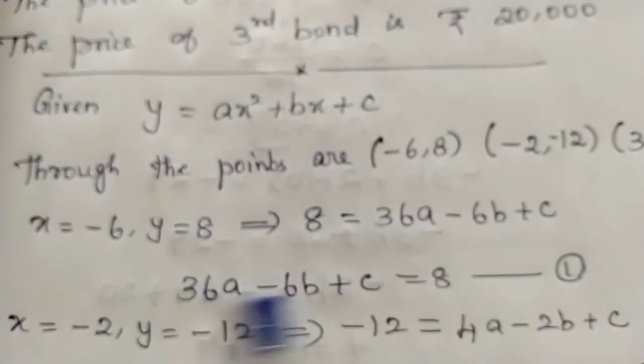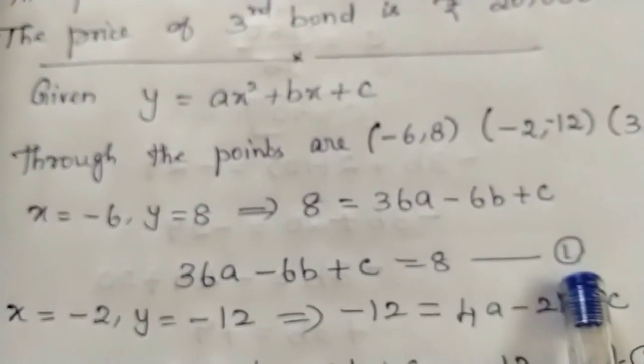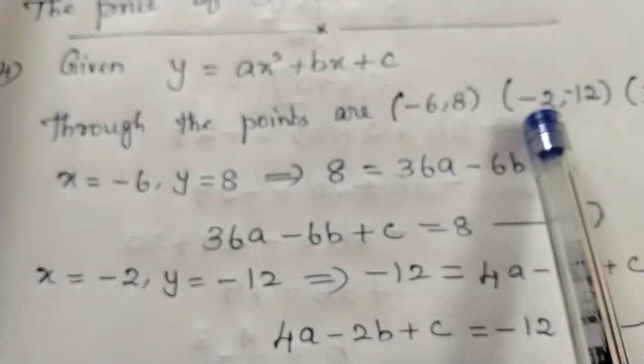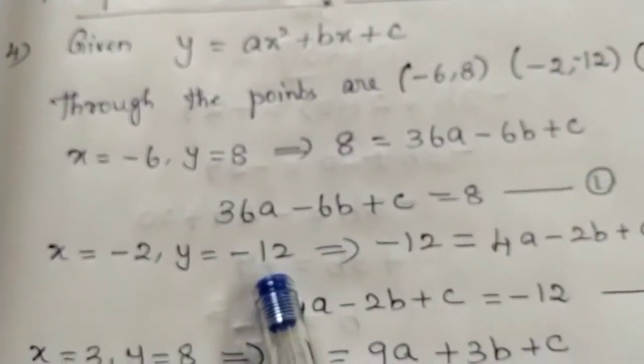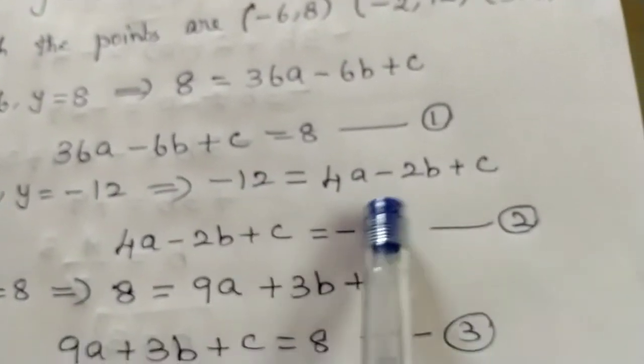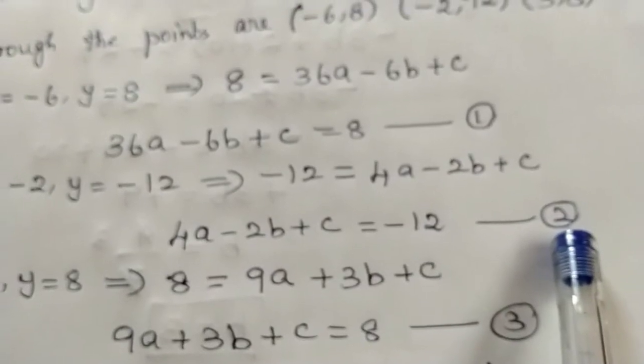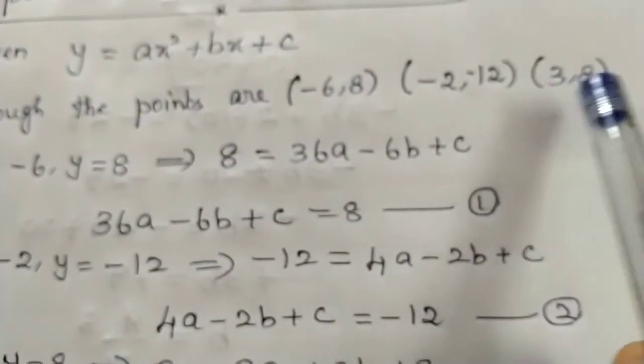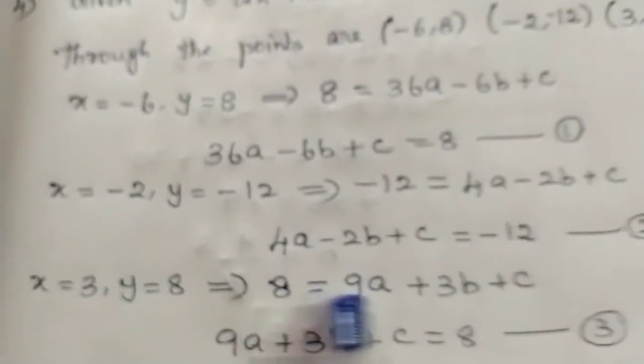Now arrange the equations. I will take this as equation number 1. And next x equal to minus 2, y equal to minus 12. Substitute in this equation, we get minus 12 equal to 4a minus 2b plus c. Arrange, equation number 2. And take x equal to 3, y equal to 8. Substitute, we get the third equation.